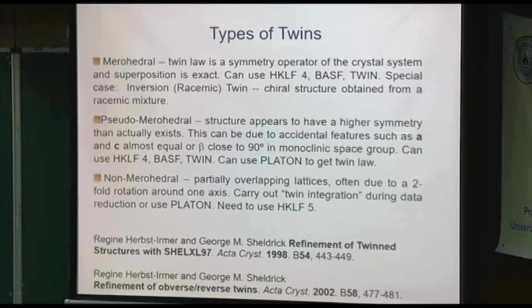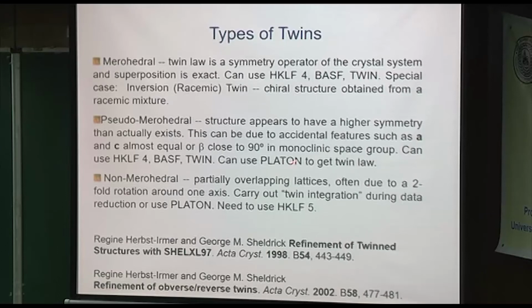And this is one of the cases that she talks about quite a bit. So what you have to do is put in a twin law. You can just write TWIN if it's simply inversion, but if it's not inversion, it's a twofold or something more complicated, you need a law.